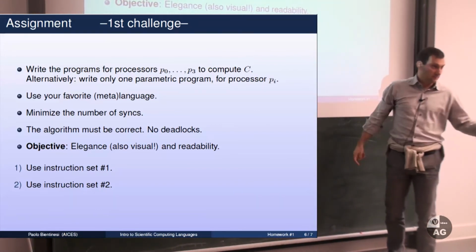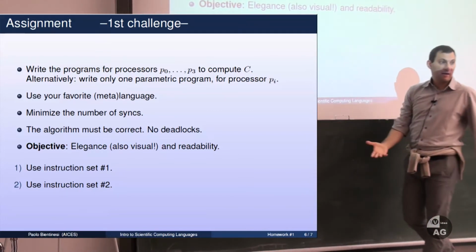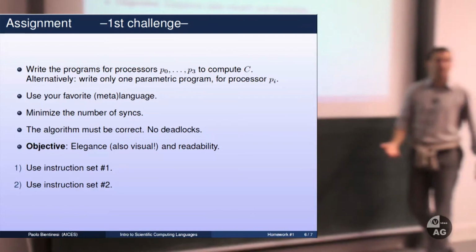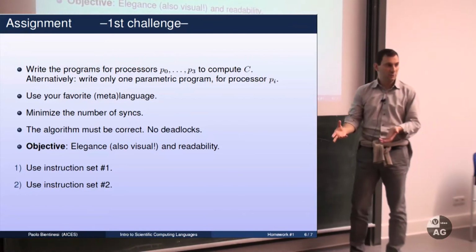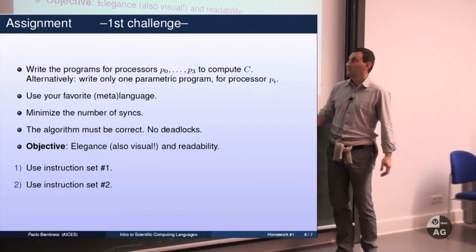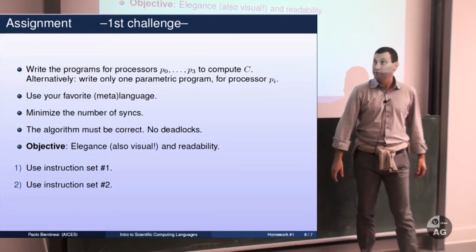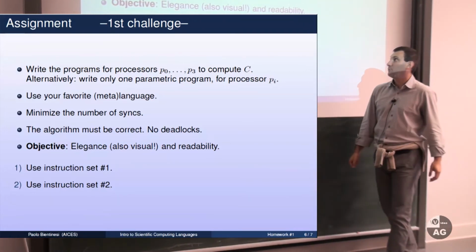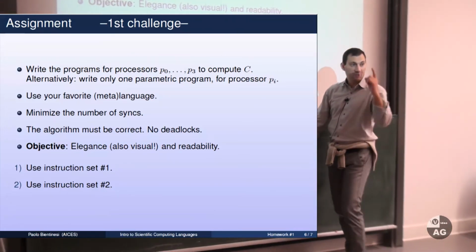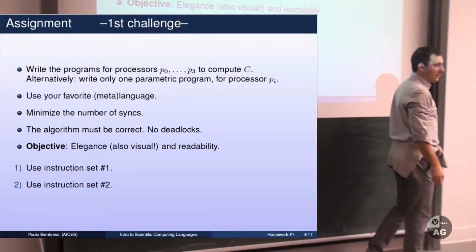And as you said, yes, of course we want performance. So try to minimize the number of synchronizations. It's easy to make this program work, just synchronizing like crazy, but you want these guys to run free, so minimize the number of synchronizations. Of course, point number one is that the algorithm has to compute the right thing.